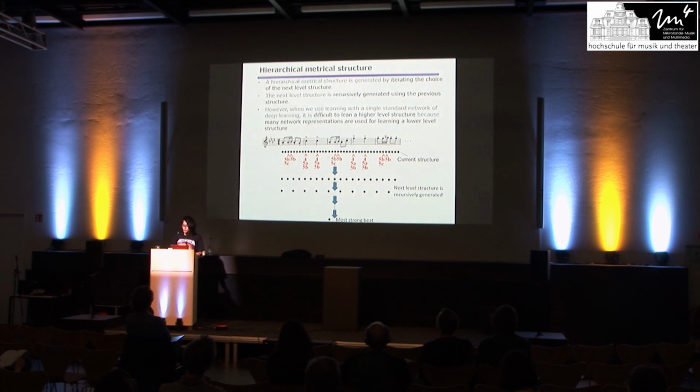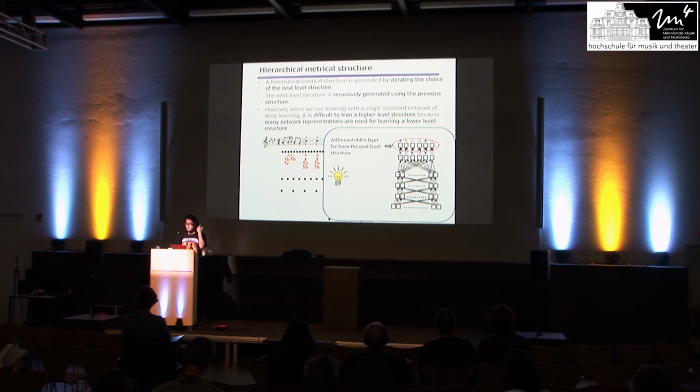However, when we use learning with a single standard network of deep learning, it is difficult to learn a higher level structure because many network representations are used for learning a lot of structure, a lower level structure. Our solution to this problem is to add a new hidden layer for learning the next level structure.